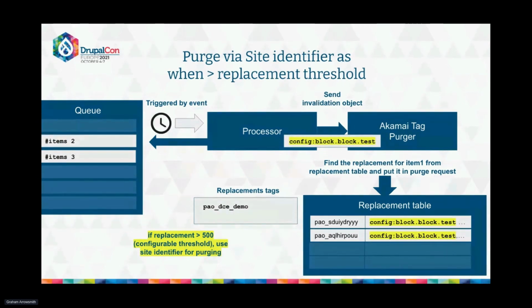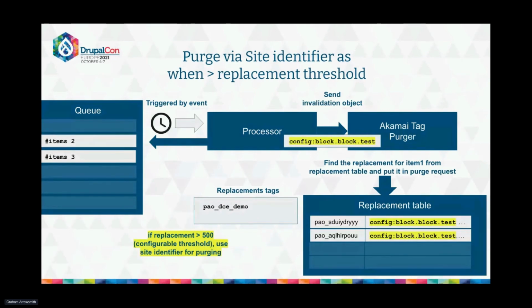If we generate more than 500 replacements, then instead of sending them into the queue, we throw all of them away and just use the site identifier tag, which we used in our previous use case. Having this site identifier tag makes sure that we are firing just a single purge request to purge the whole site. Since we are getting so many replacements, we assume that the whole site will be getting purged eventually anyway, so it's better to send one single request.